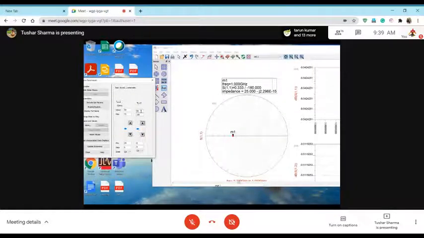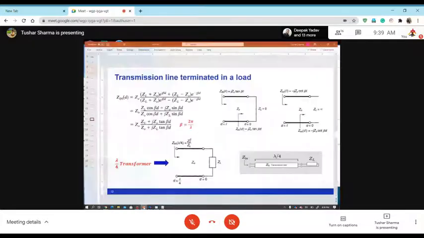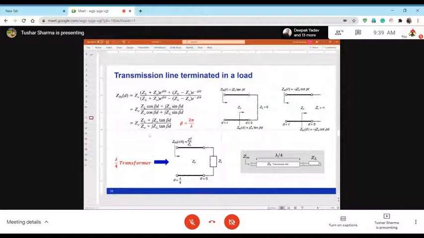Then if I go another 45, which is 135, I will get 40 plus J30. So again, going back here, tan 135 will be how much? Minus 1. So ZL is again how much? 100 minus J50 over 50 minus J100.